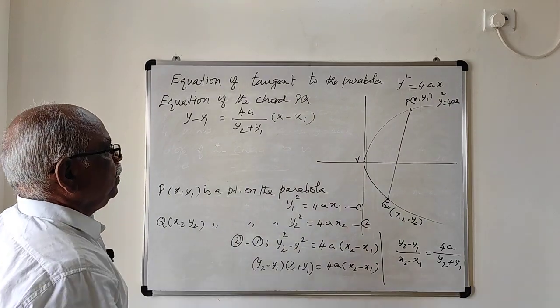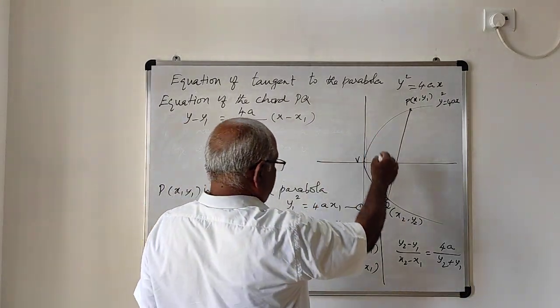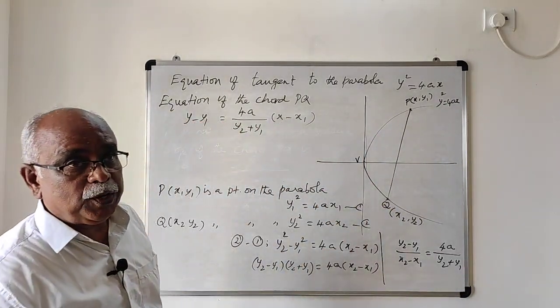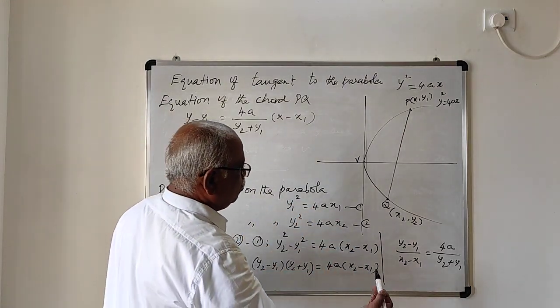Now this chord PQ becomes the tangent if it moves along the curve.